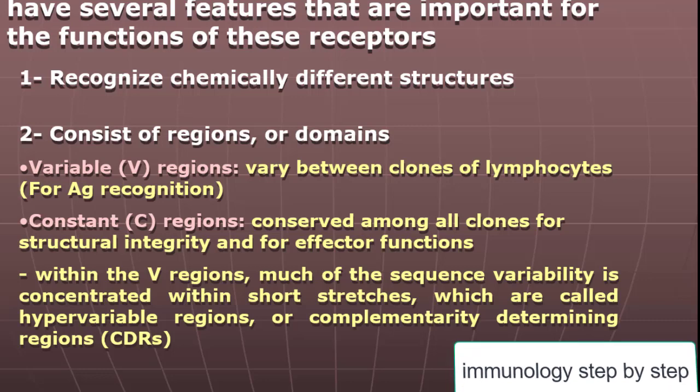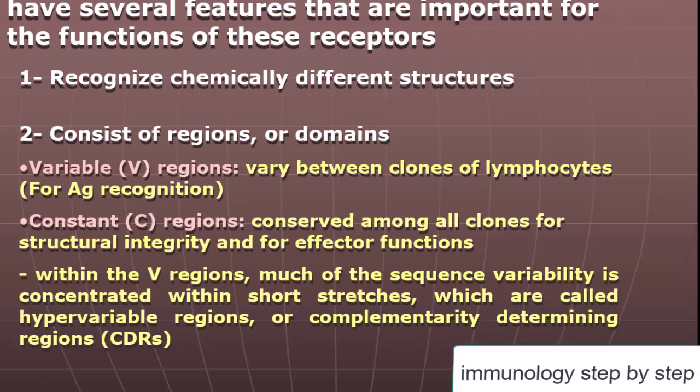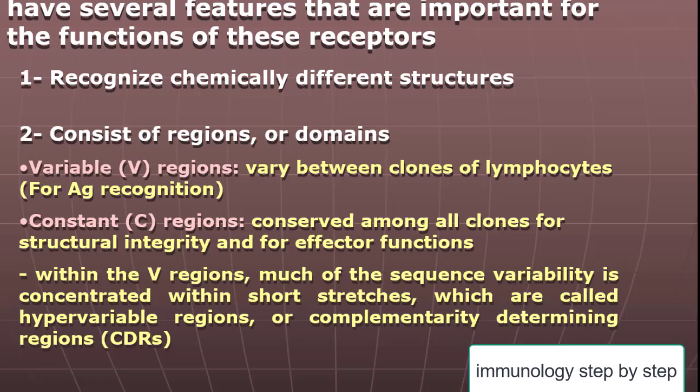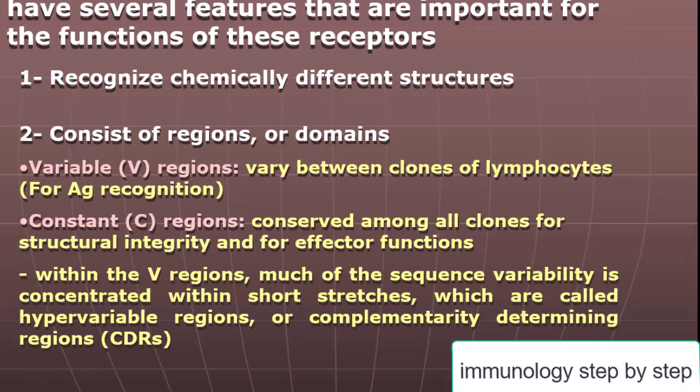Constant C regions are conserved among all clones for structure and integrity or for effector functions. Within the V regions, much of the sequence variability is concentrated within short stretches, which are called hypervariable regions or complementarity determining regions.